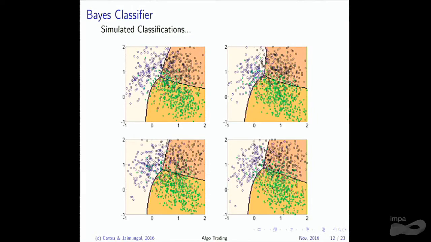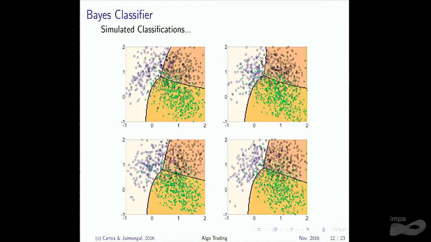So here's examples of this in action. It's a pretty simple idea. This is showing 3 classes for which I've generated random data. I've made an assumption for the generating data process, and I've made 4 simulations of it, and then re-estimated the boundaries in each of the 4 simulations.